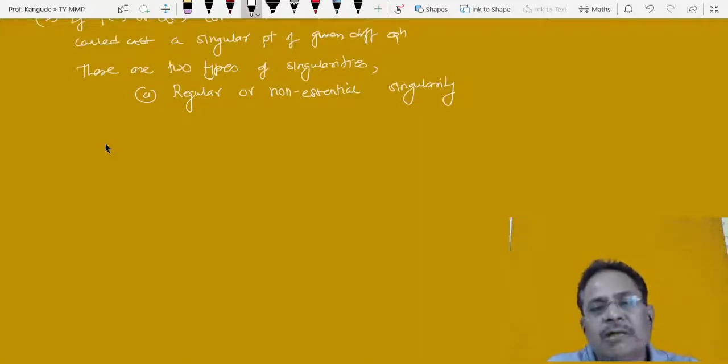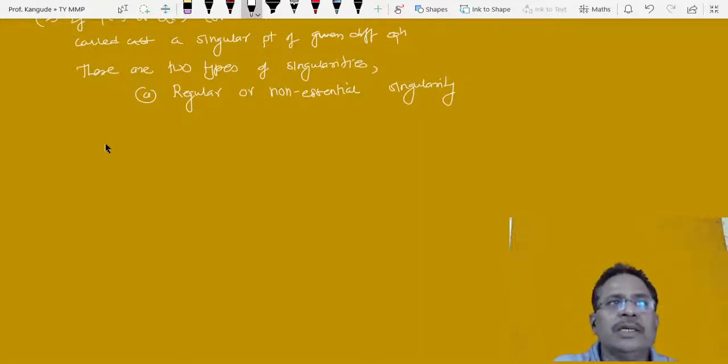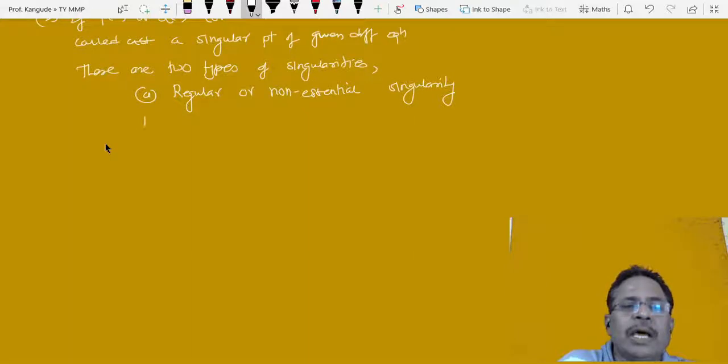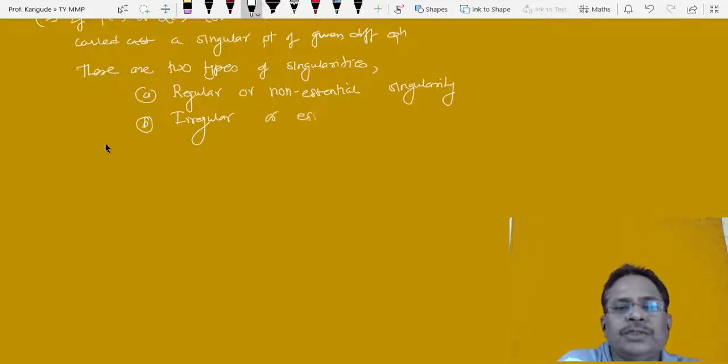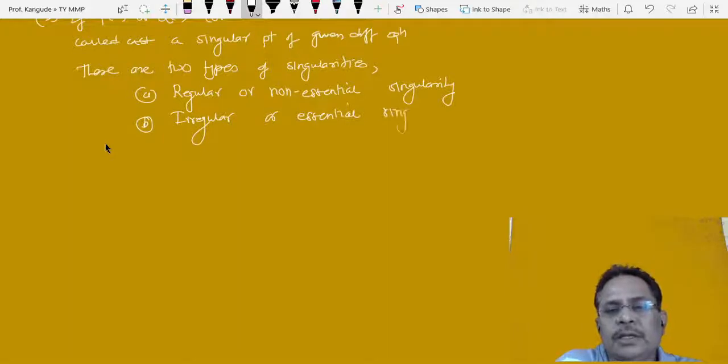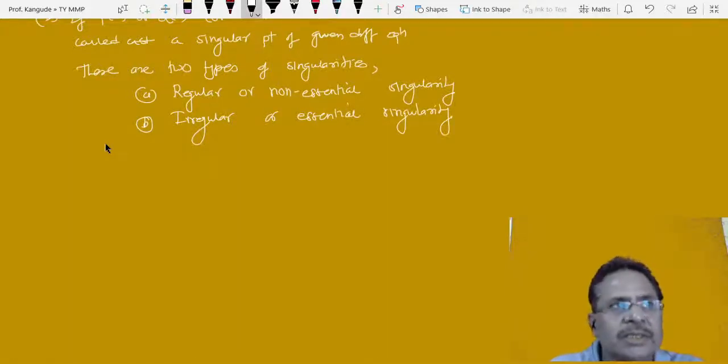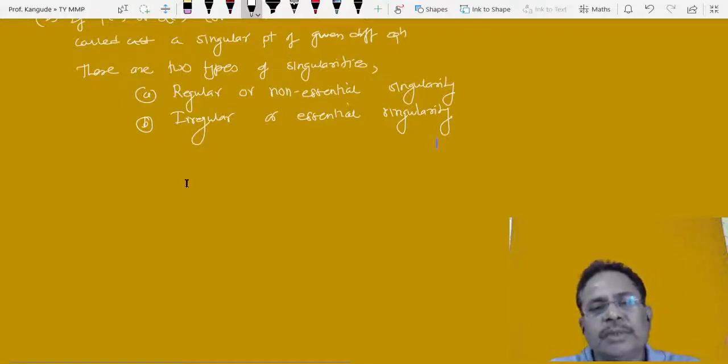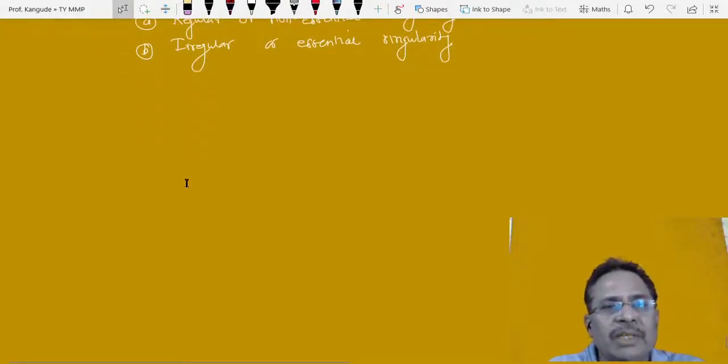Whenever such a type of singularity exists, it is possible to get a series solution of the given differential equation even though there appears a regular singularity. And the second type, as I said earlier, is irregular or essential singularity. In such a case the series solution method is not applicable whenever there exists such a singularity for a given differential equation.